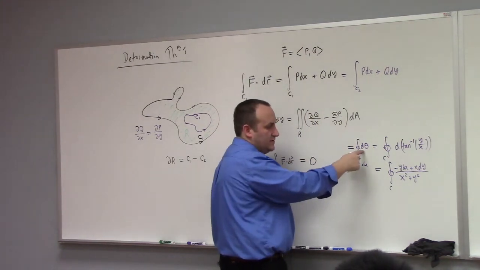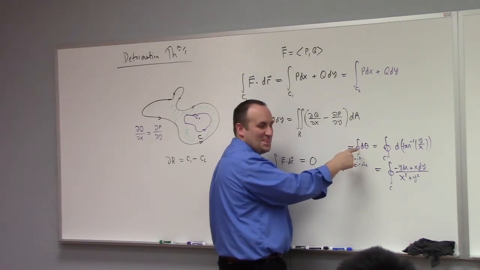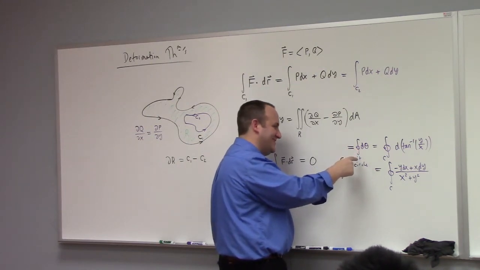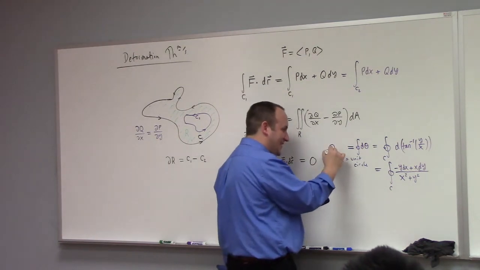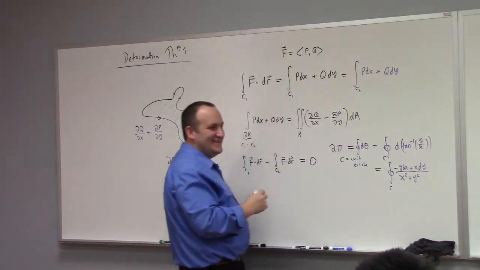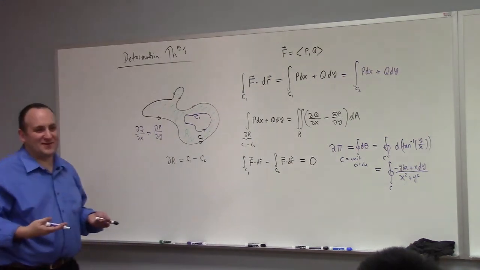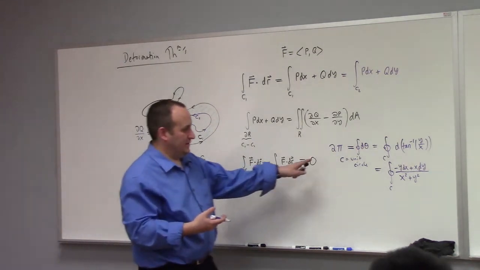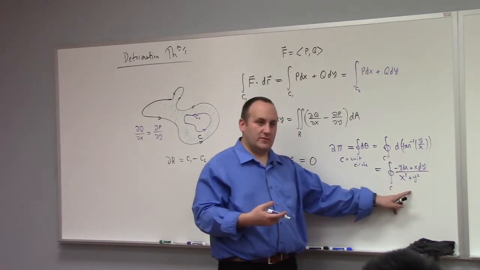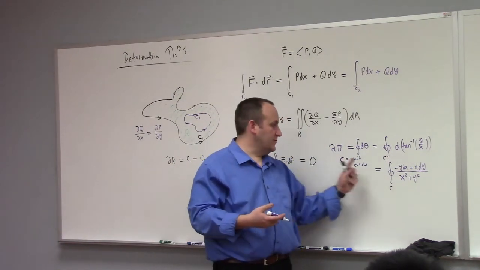Pi? 2 pi. I'm going to take those things together and put a 2 pi here. So the net change in theta around the circle is 2 pi. So we have an integral around a closed loop, which is equal to 2 pi.